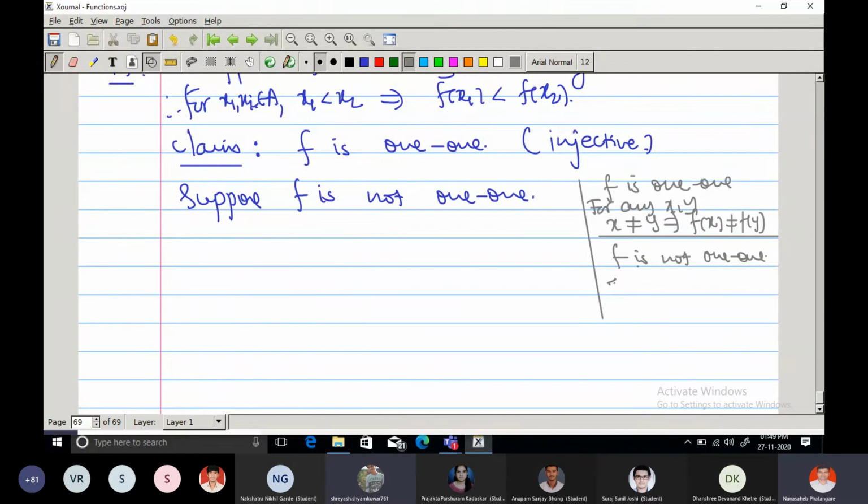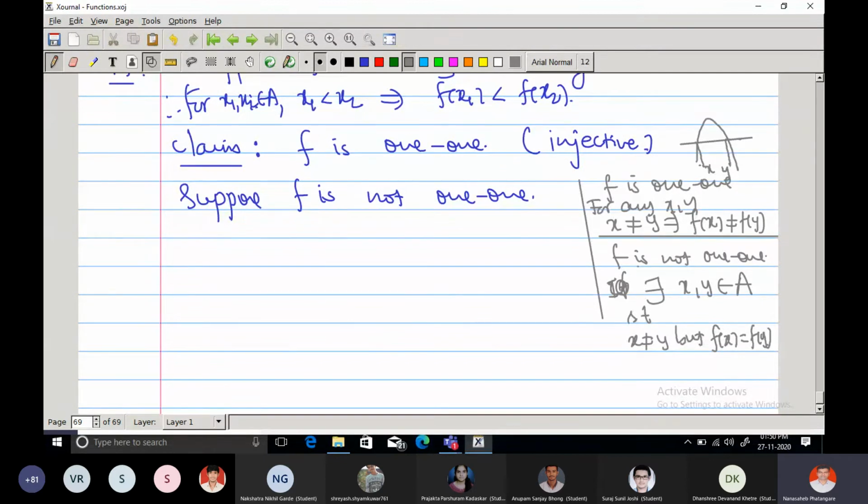If there is at least one pair where x is not equal to y but f(x) is equal to f(y). There exist x and y in A such that they are unequal, but the images are equal. Right? That is what not 1-1 is.